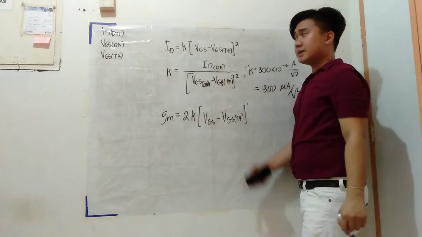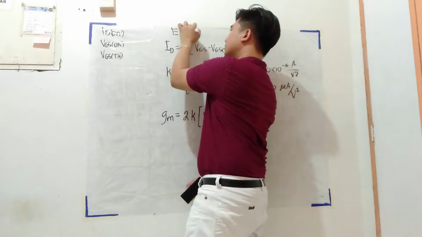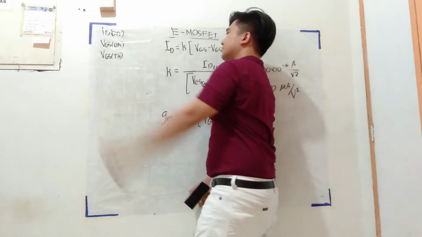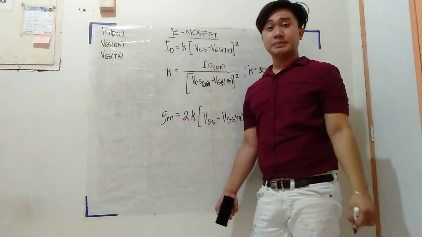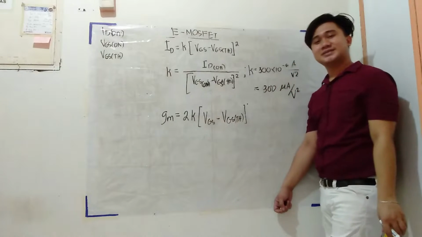So, ito po yung mga important formulas kapag nagsosolve tayo ng isang E-MOSFET. So, kung ako yung estudyante, magsasummarize ako ng formula para meron akong compilation. So, copy your notes.